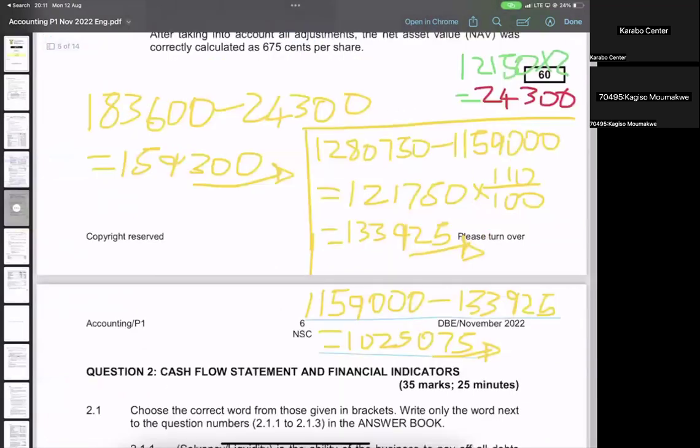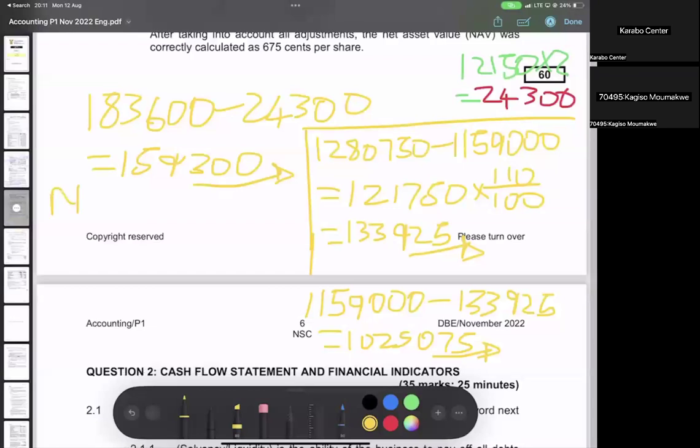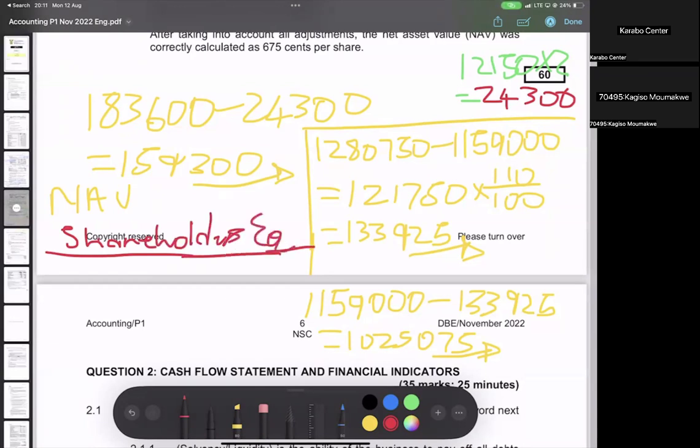The first thing we have to consider is the formula for NAV: shareholders' equity all over number of shares in issue, times 100.